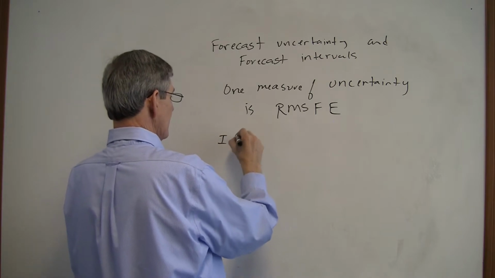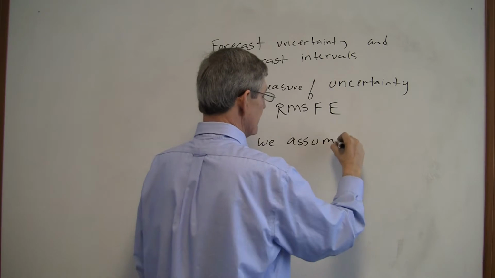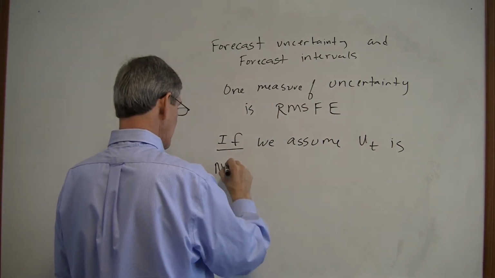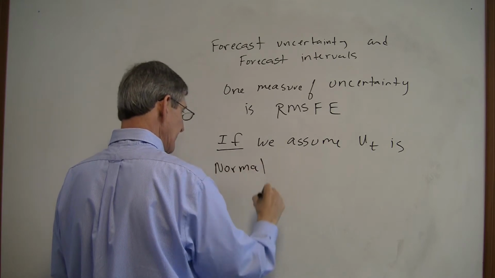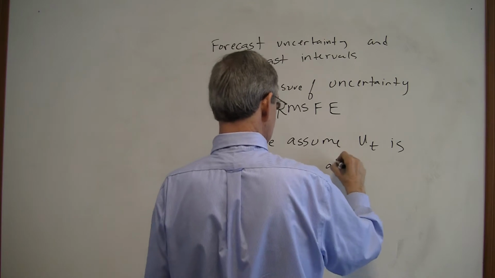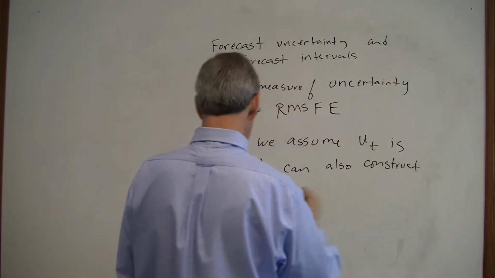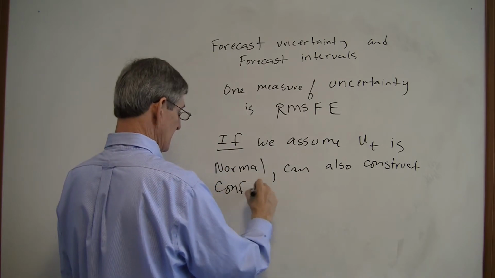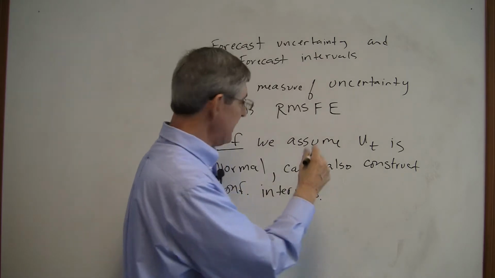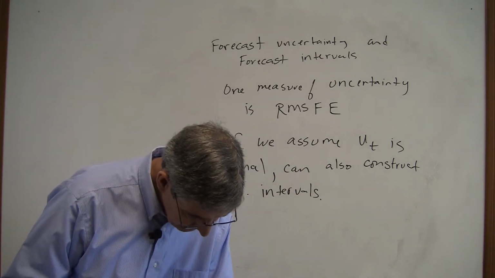If we assume ut is normal, and we'd want to think about that assumption before assuming it, we can also construct confidence intervals. There's really nothing new here for either one of these, but let me just note everything quickly.